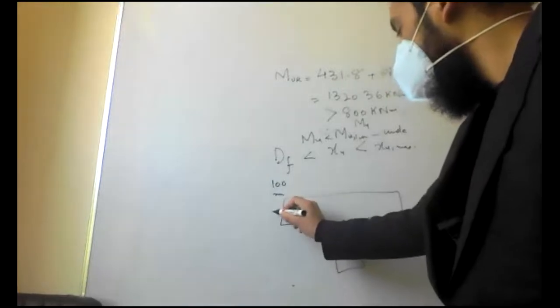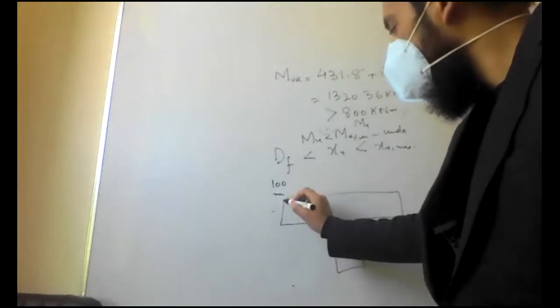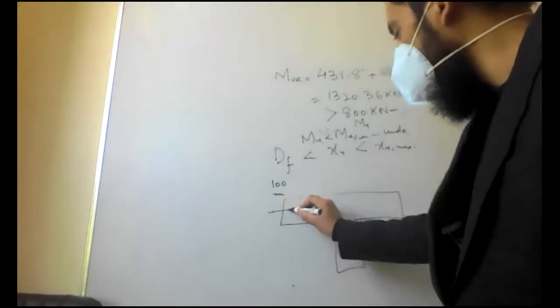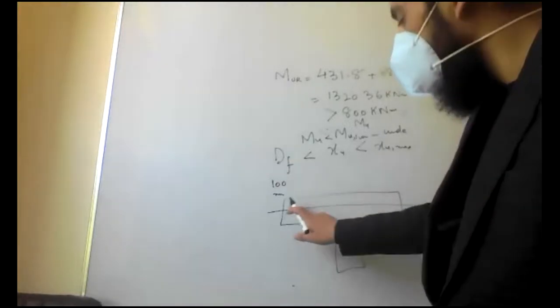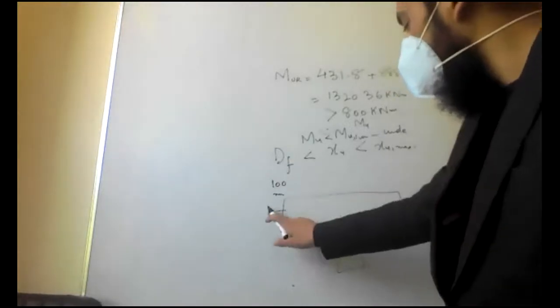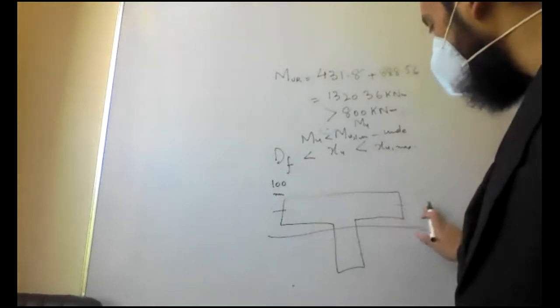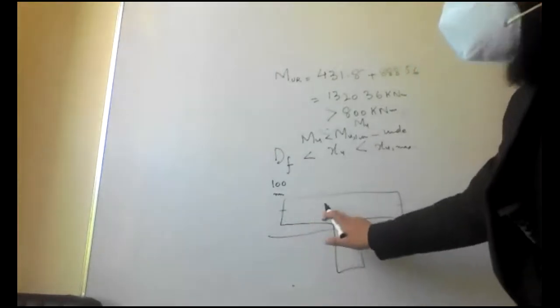The compression would still be in this flange. The neutral axis, will it be in this flange or will it be here? It will be somewhere here. It will not be in the flange.